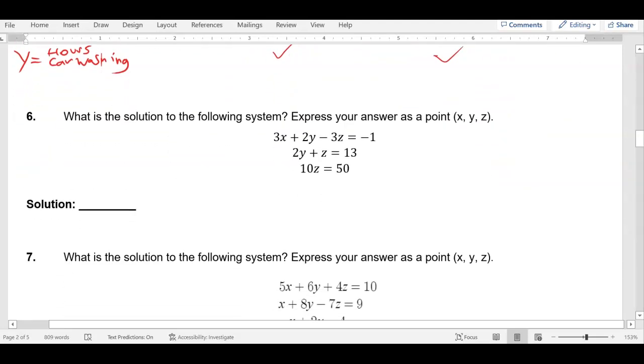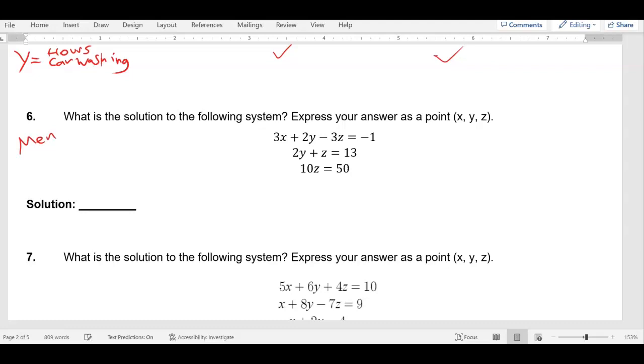Okay, what's the solution for the following system? Okay. Now, you could do this with 3 equations. That would work. Okay. You could do it with matrices, but the way we solved ones like this was with substitution.